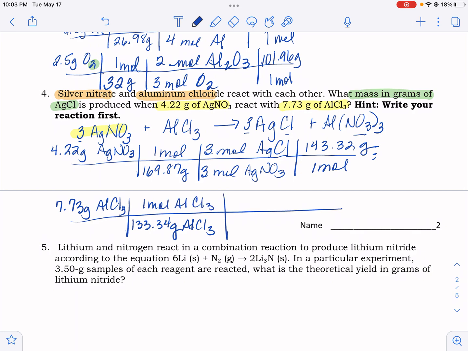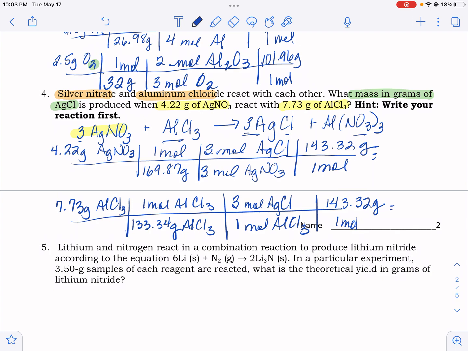So now we're looking at aluminum chloride changing to silver chloride. Our ratio is 3 moles of silver chloride will be formed for every 1 mole of aluminum chloride. And then we have to change back to grams, 143.32 grams in 1 mole.